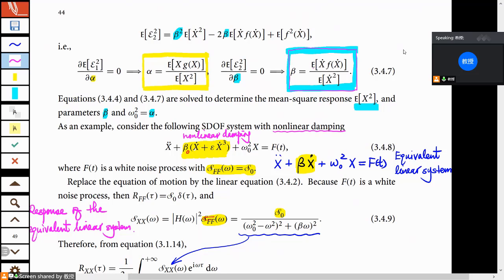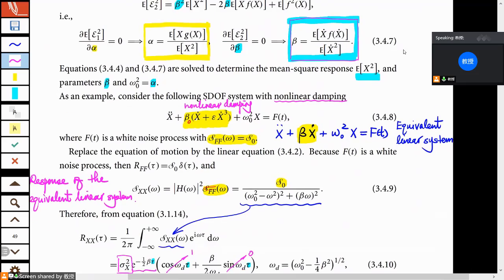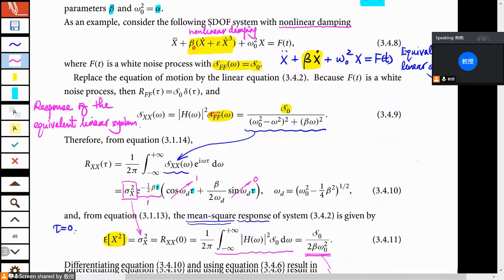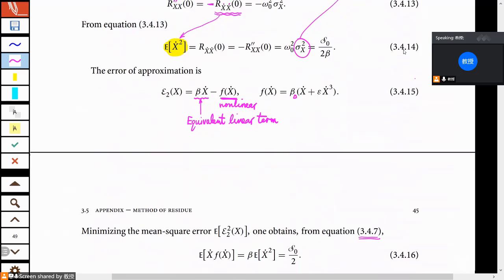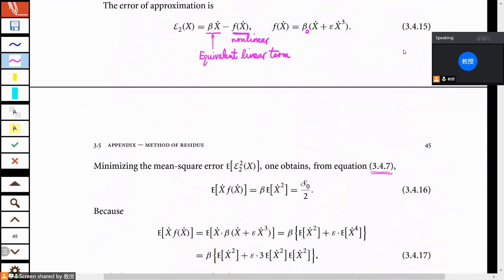Okay, so we need beta, the expected value of x dot f x dot divided by the mean square value of x dot. Beta is E[x dot f(x dot)] over E[x dot squared].